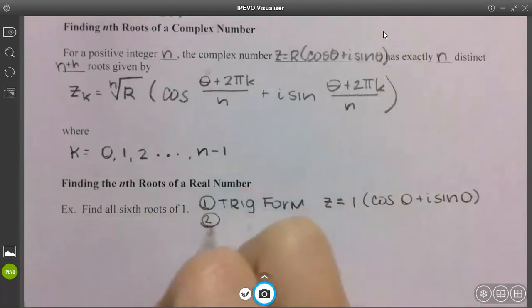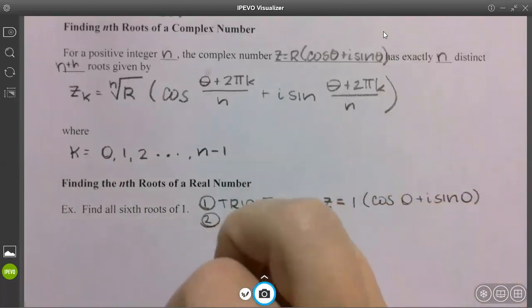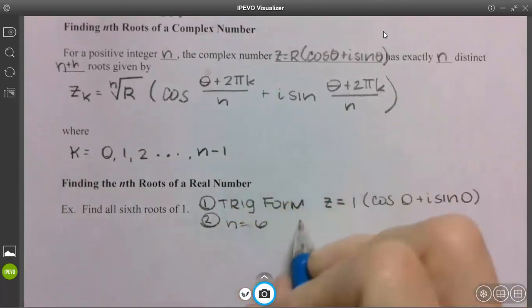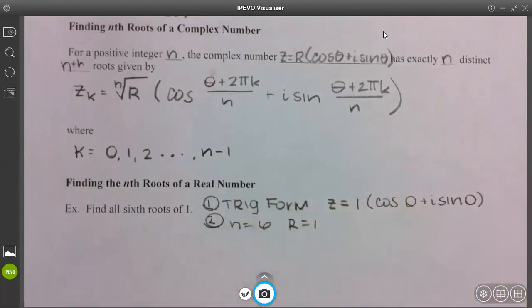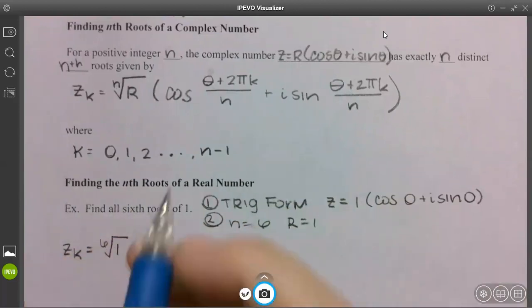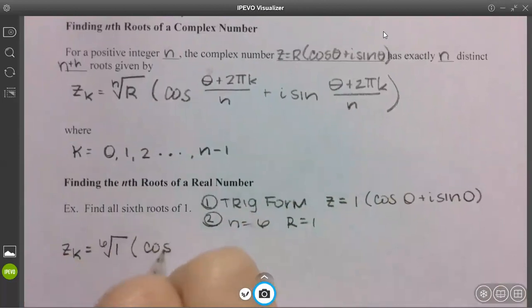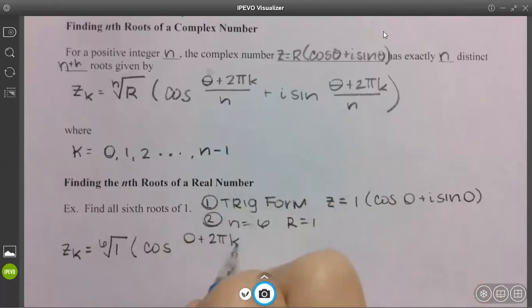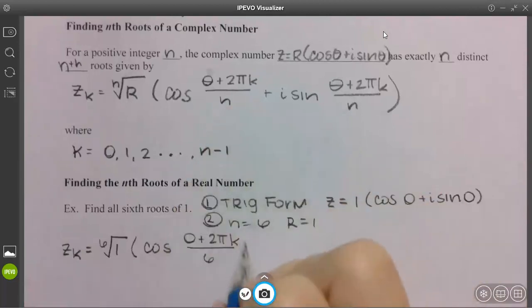The second thing that we're going to do is define our n, which is 6, and our r, which is 1. So z sub k, we're looking for the 6th root of 1 times cosine of 0 plus 2 pi k over 6. Again, we're just plugging into that formula right there.